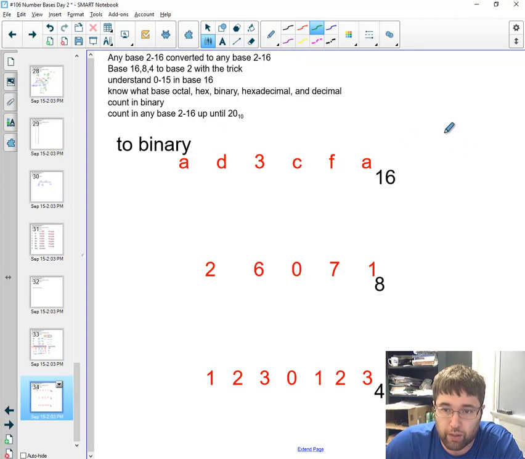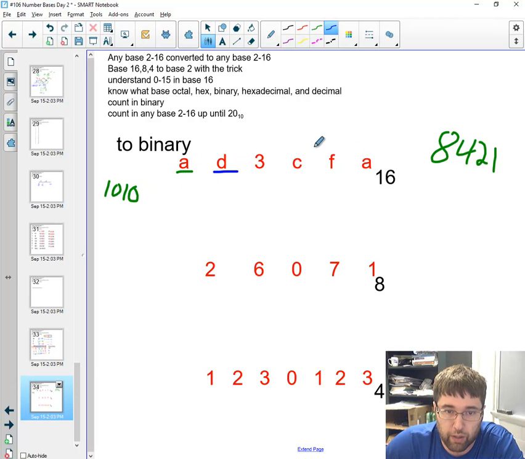So A, realize I write 8, 4, 2, 1. A is going to be 8 and 2, so I have 1, 0, 1, 0. D: A is 10, B, C, D is 13. So 8, 4, 1, so 1, 1, 0, 1.